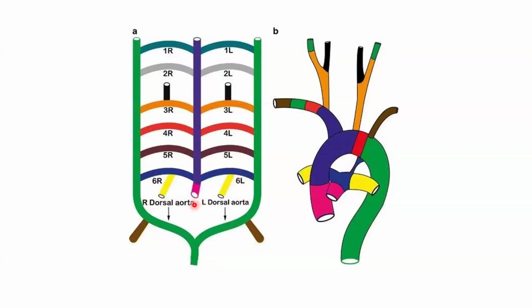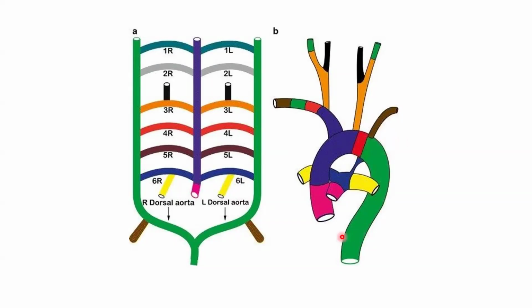If you come back to this image, this is your truncus arteriosus, which forms the ascending part of the aorta. Then you have the aortic sac, which forms the proximal part of the arch. And then the fourth pharyngeal arch, which is here, forms the part of the arch between the left common carotid and the left subclavian.